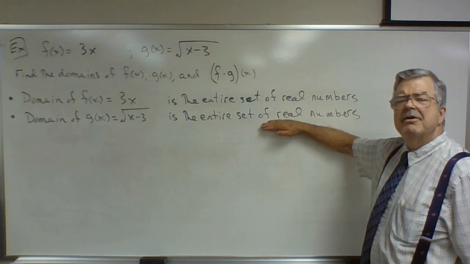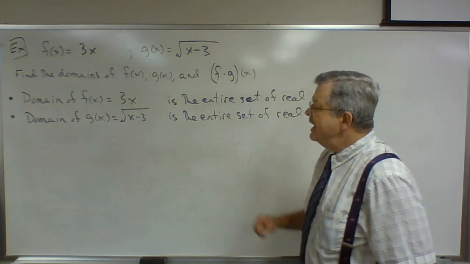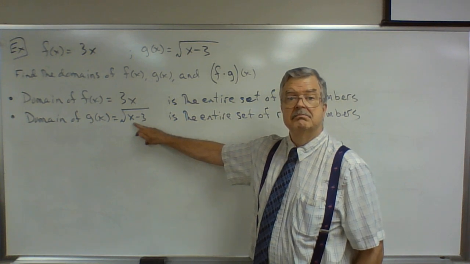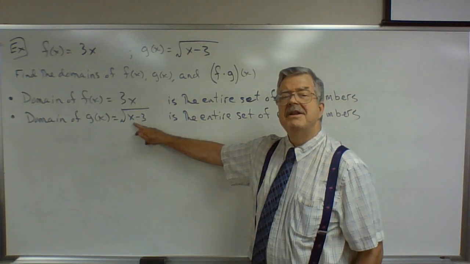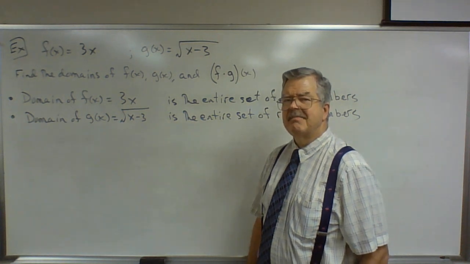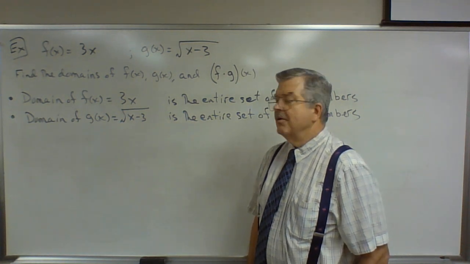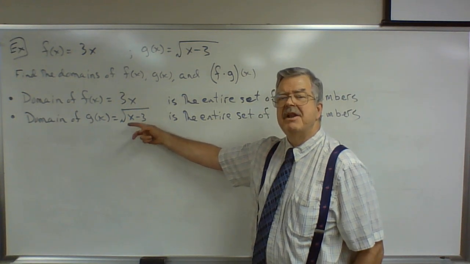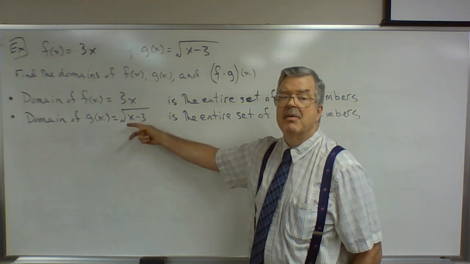There's one more hurdle to cross. Does any x value cause us to have a negative under the radical? Whatever we have under the radical has to be non-negative, either 0 or positive.